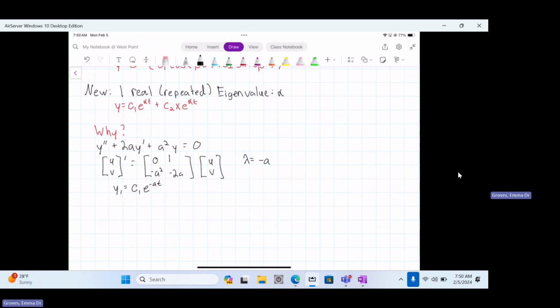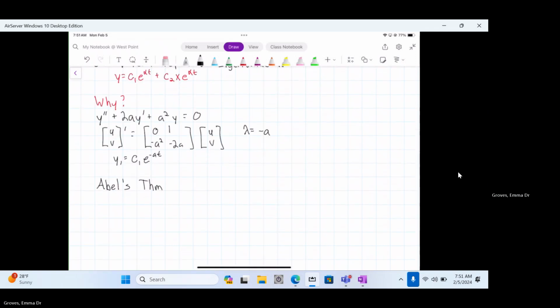Last week, I know you guys talked a little bit about Abel's theorem. Ringing a bell? We are going to use Abel's theorem. So Abel's theorem told us that the Wronskian determinant of y1, y2 equaled C2 times e to the negative integral of 2a dt.